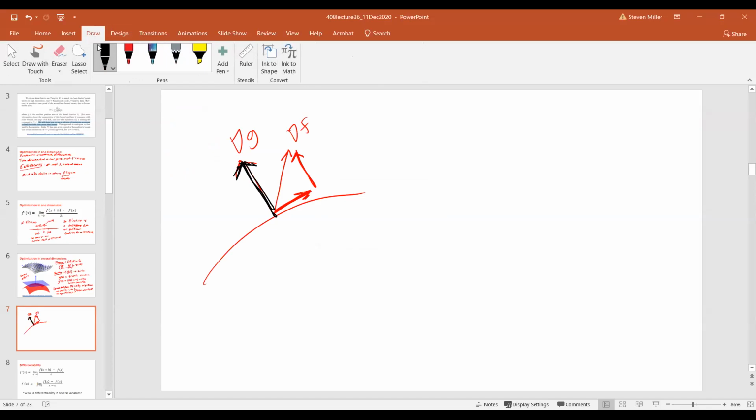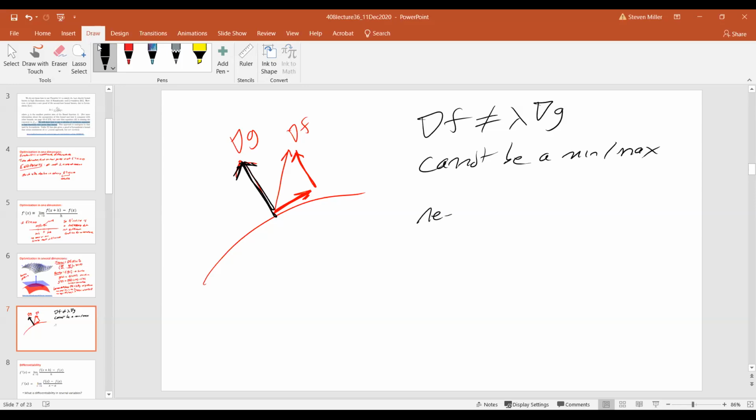If my gradient of F is not a multiple of the gradient of G, if it's not in the same direction, then if I flow in a tangent line, my function is going to either be increasing or decreasing, and so it can't be an extremum. Is that clear? So we need the gradient of F and the gradient of G to be parallel.